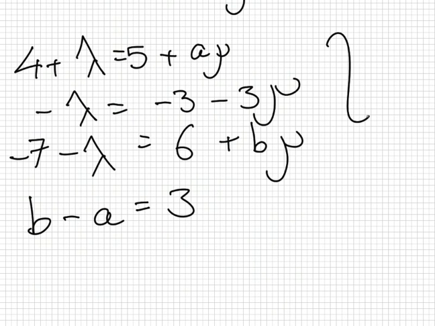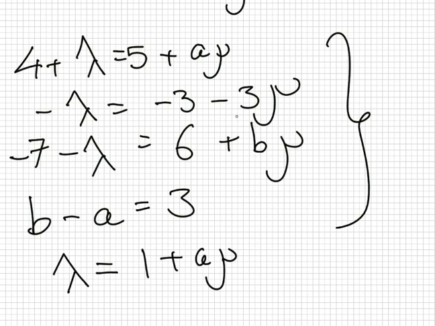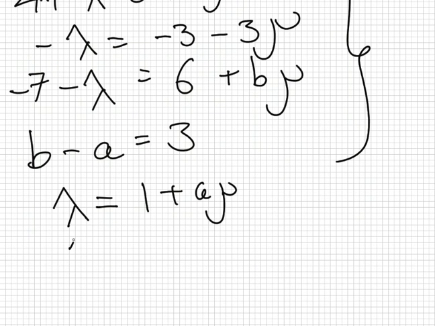Now let's clean these up. The first one I can write as lambda equals 1 plus a mu. Then the second one, lambda equals 3 plus 3 mu.